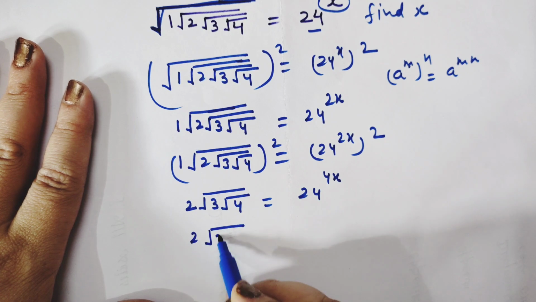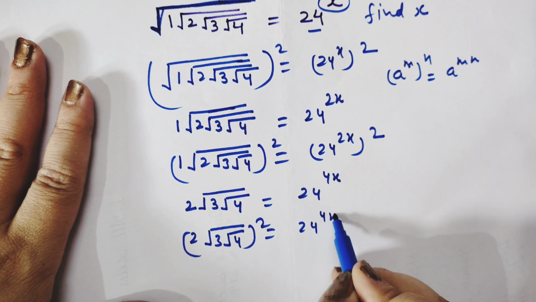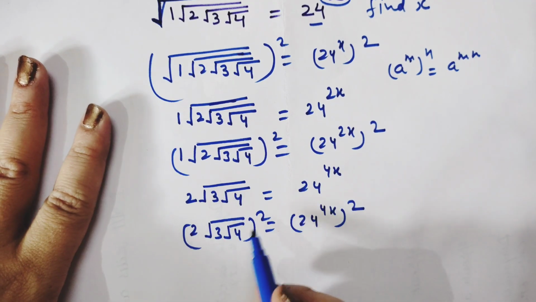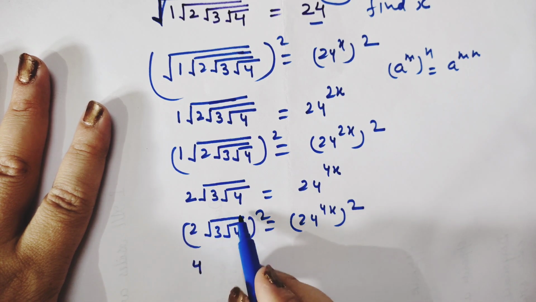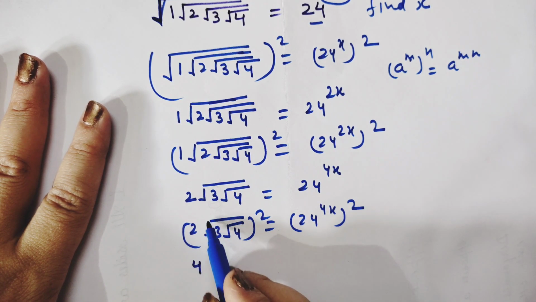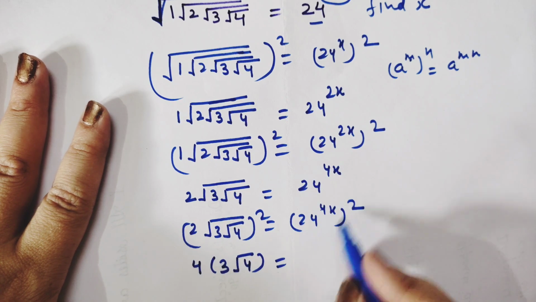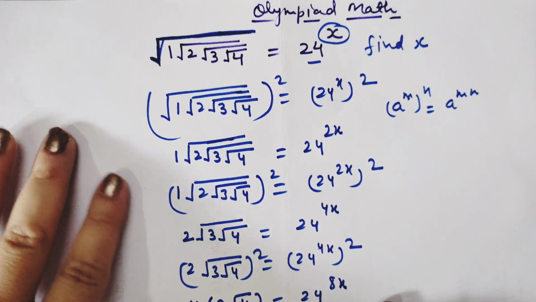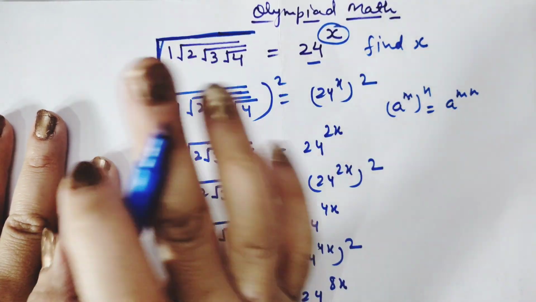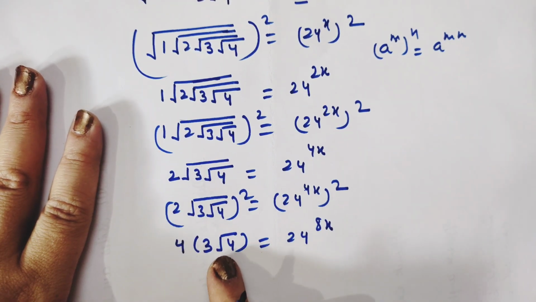So 2 root 3 root of 4, squaring both sides again. This 2 squared is 4, and this root is cancelled out by this square. So root 3 root 4 is remaining, and here 4 times 2 is 8x. Now you can see we had 4 roots in this question, and only one root is remaining.